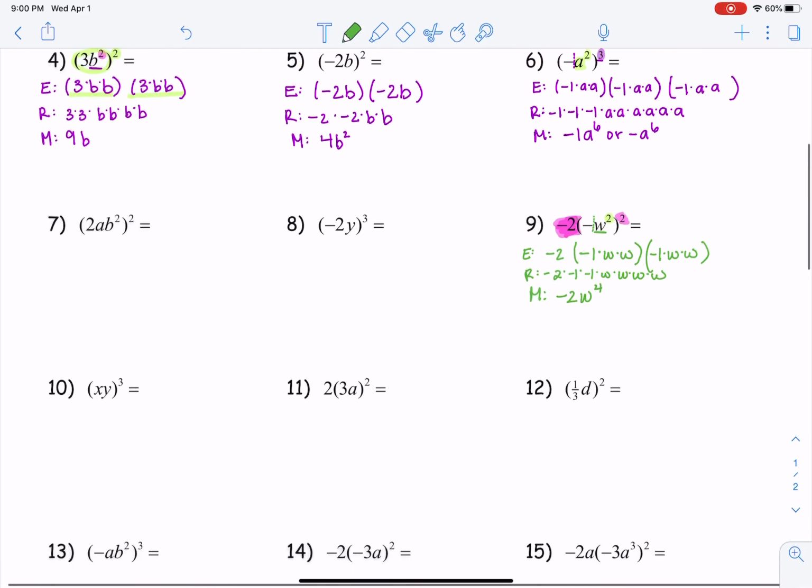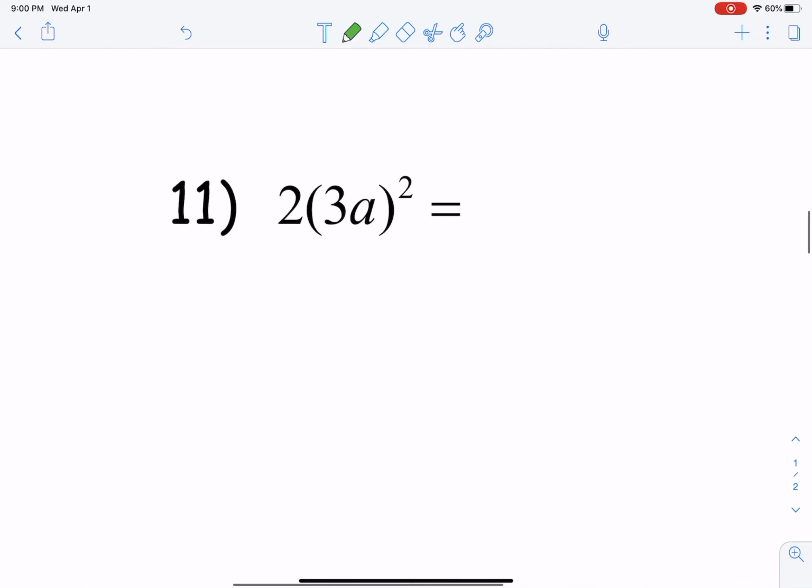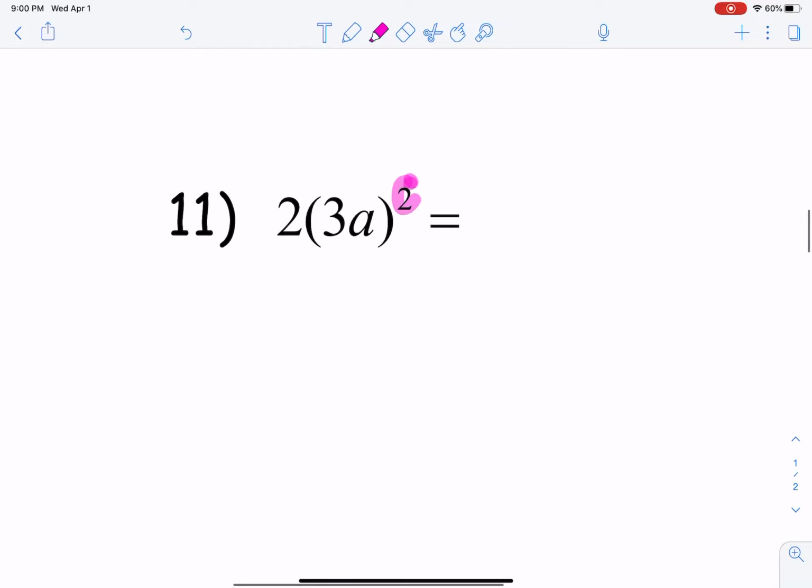Let's go ahead and now skip to number 11. 11 was the next one that was missed a lot. So once again, this exponent is attached to the parentheses, so I'm going to have everything that's inside the parentheses twice. So I have 2, 3a, 3a.